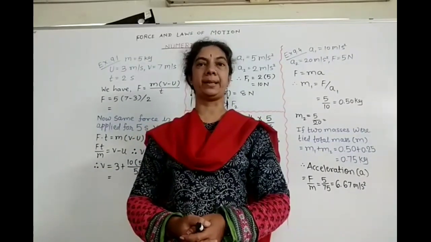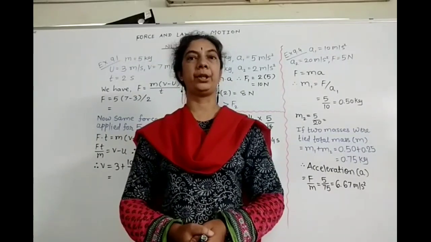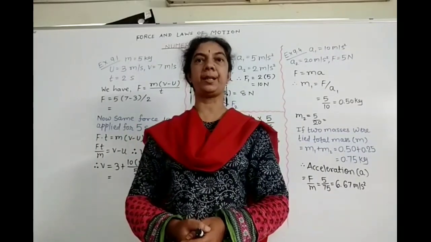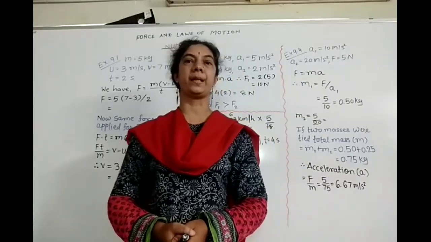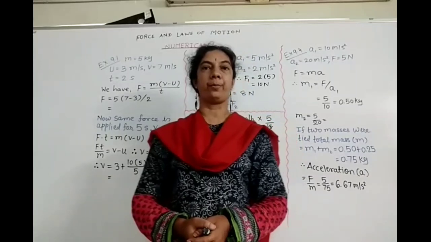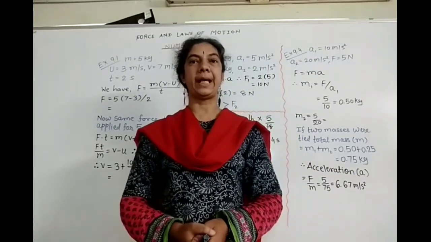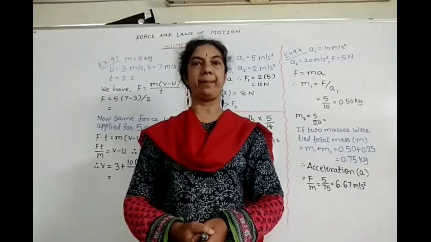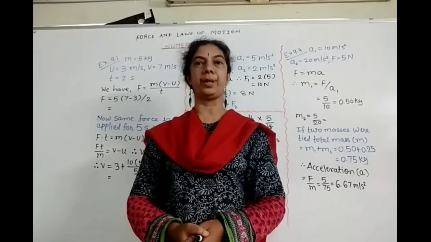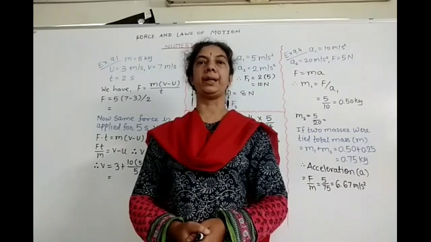Time we are measuring in second. Mass, the unit is kg and the symbol is m. Then we are having the formula for the force. Formula is F equals to ma, that is mass into acceleration, and for that the unit is Newton.